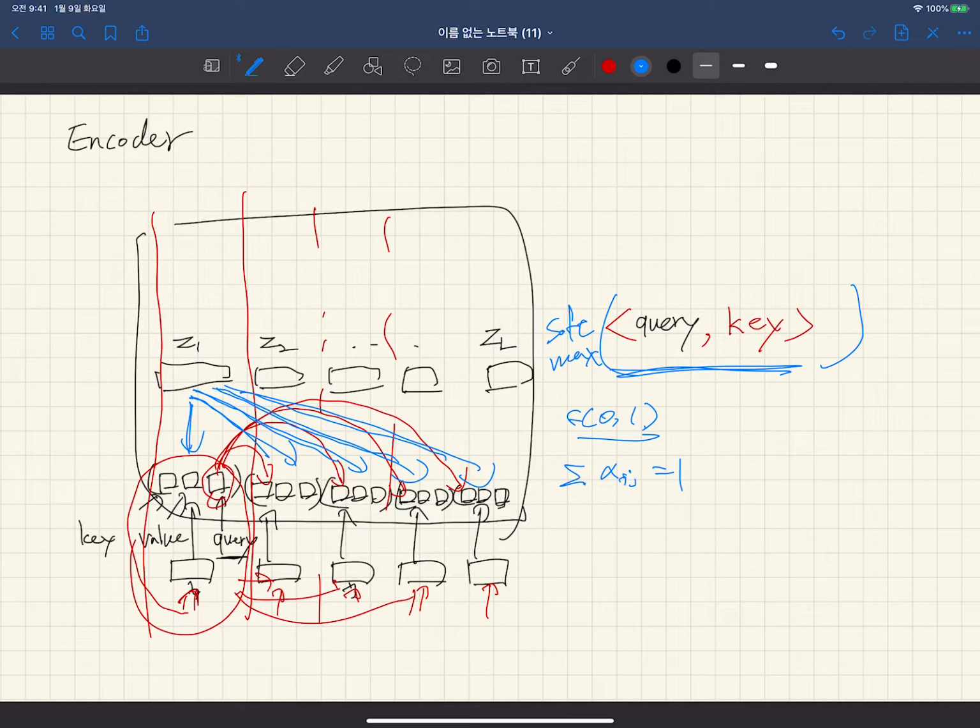And these weights will be multiplied with the value vectors to make this zi vector. This is a very simple operation.